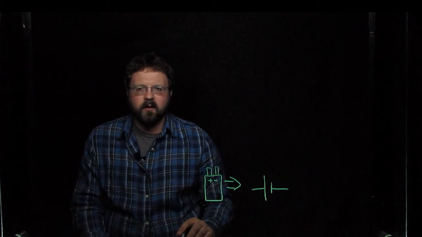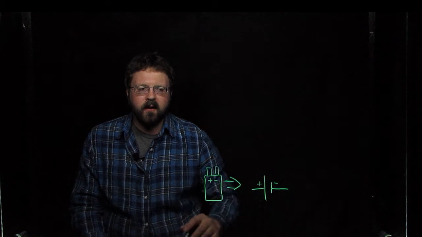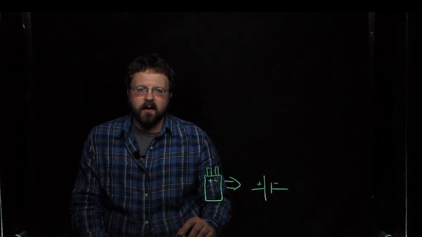So oftentimes, instead of drawing that complex battery, what we usually do is, instead of a battery like this with positive and negative, we use the following circuit symbol. So this is the circuit symbol for a battery, with the long leg being the positive and that one being the negative.